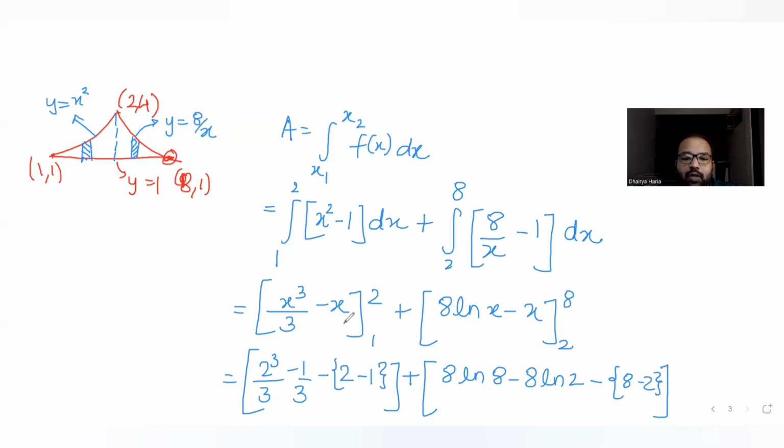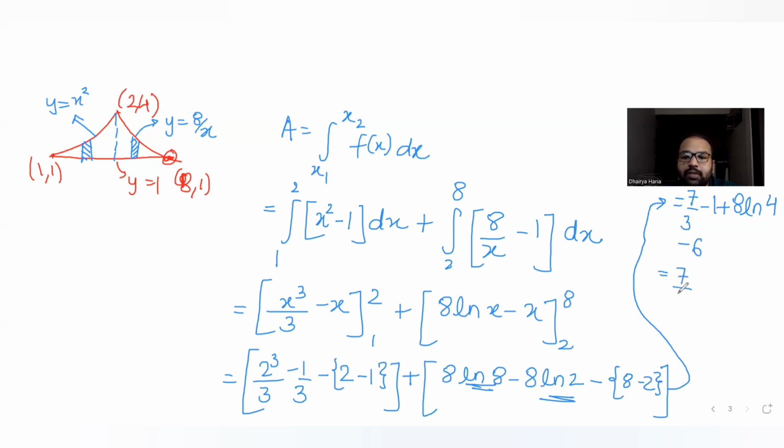So further, it gives you 8 cube minus 1 cube, so 7 by 3. If I solve this further, it gives me 7 by 3 minus 1 plus 8. Log a minus log b is log of a by b, so log of 8 by 2, that is 4 again, and minus 6.